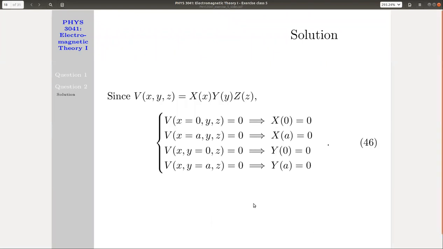So because we have the trial solution taking this form, the four boundary conditions here will imply that x of 0 equals 0, x of a equals 0, and also y of 0 and y of a are both equal to 0.